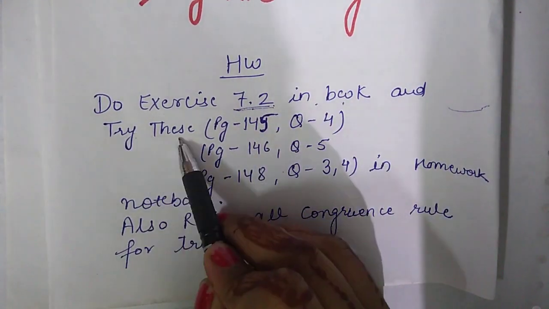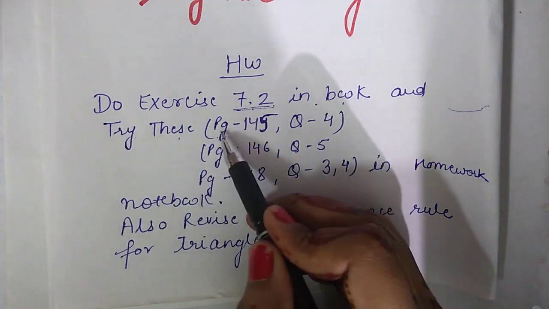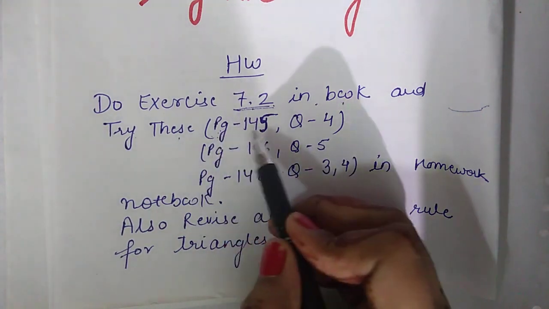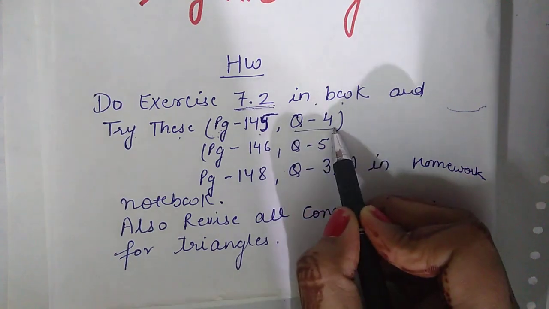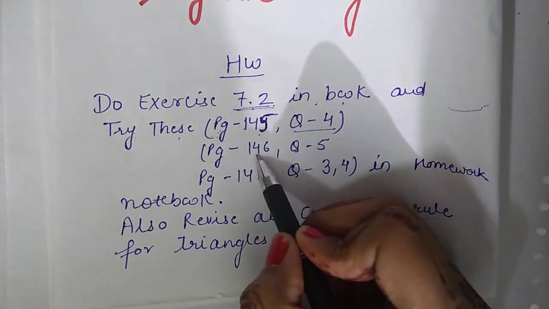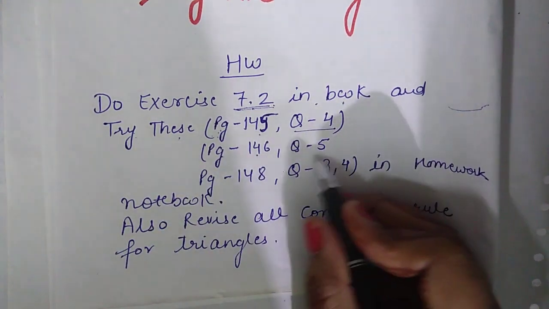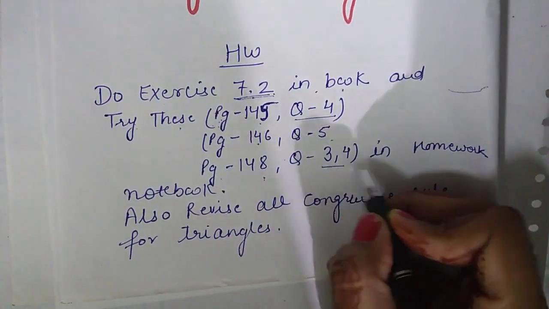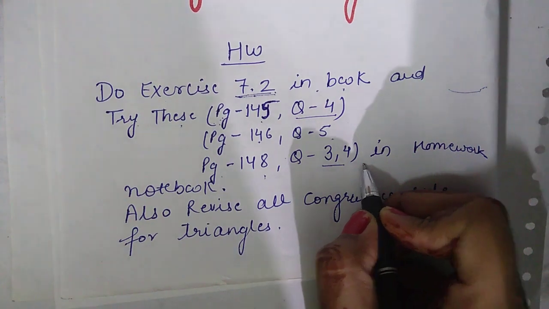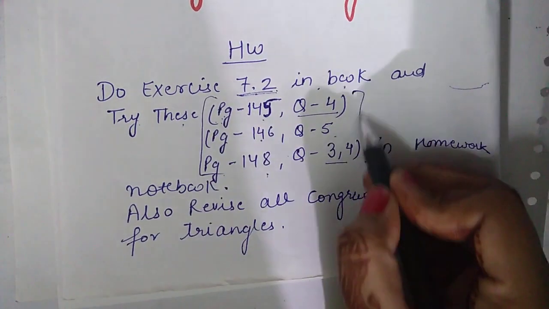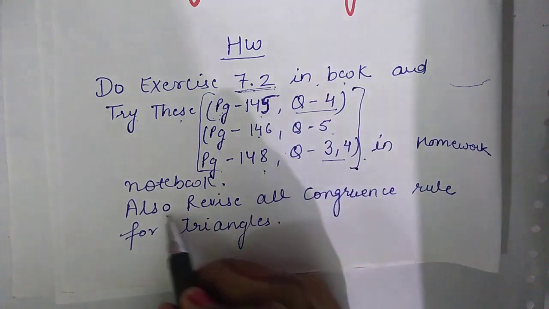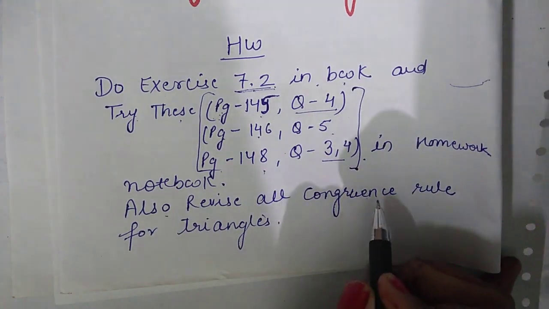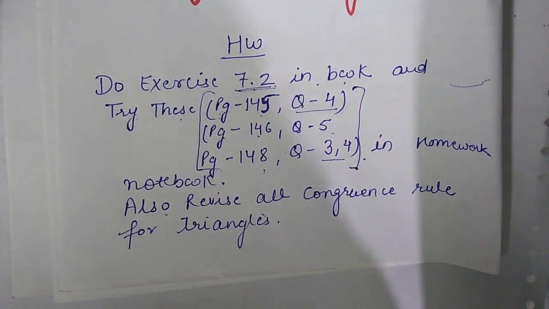Then try these questions: first, given on page number 145, question number 4. Page number 146, try these, question number 5. And on page number 148 you have to do question number 3 and 4 in your homework notebook. You have to do these questions in your homework notebook, and you have to revise all the congruence rules for triangles.